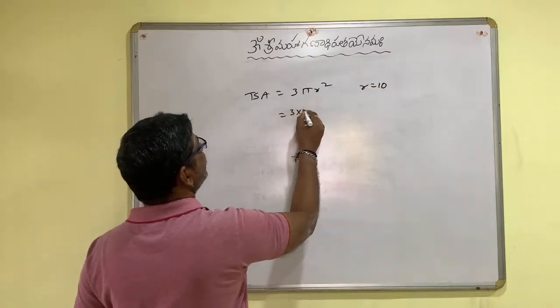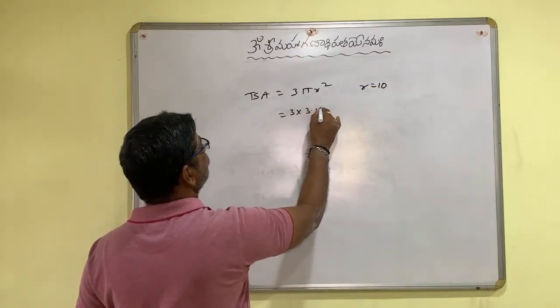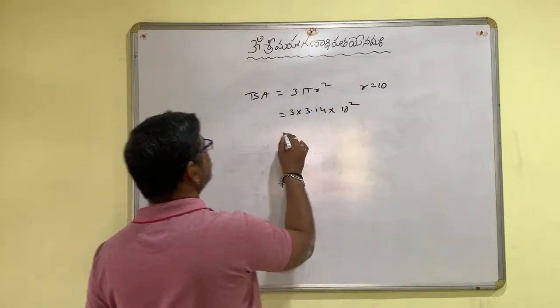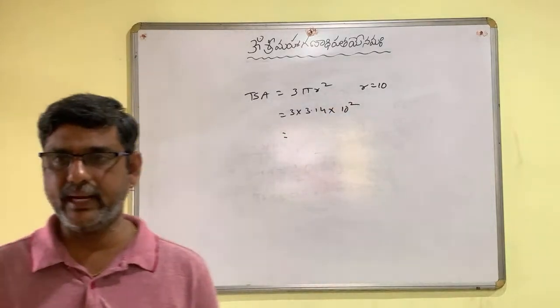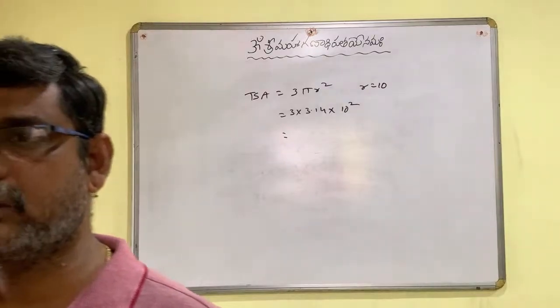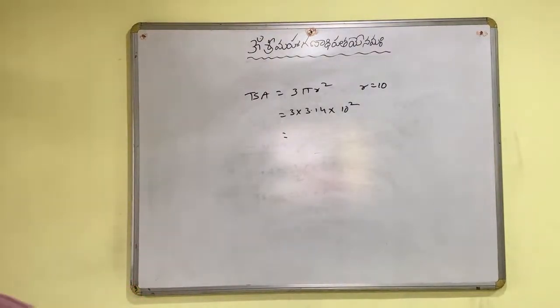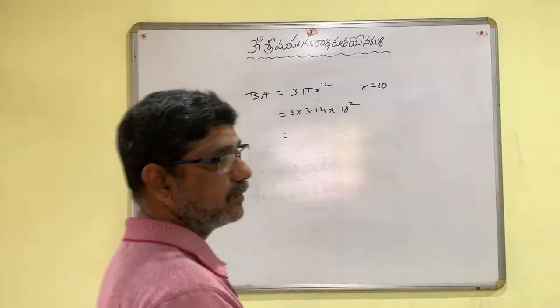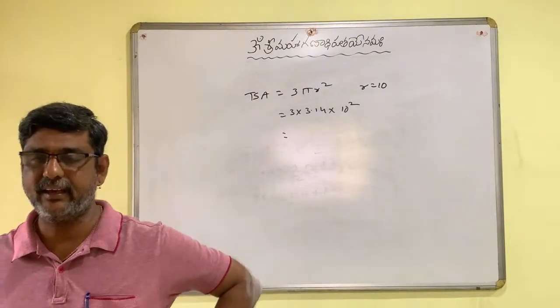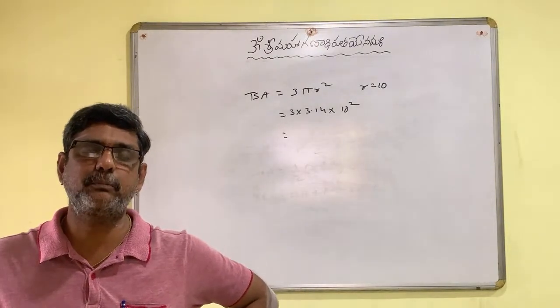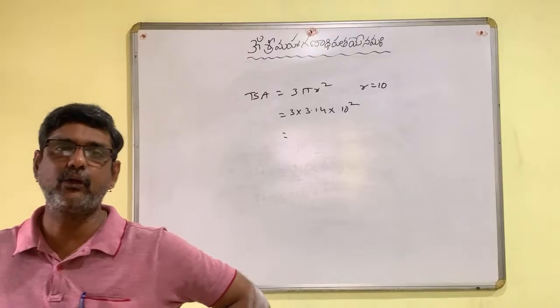So 3 into the pi value given here, 3.14. In this problem the pi value is given as 3.14. So when the pi value is specified, we need to use that one only.